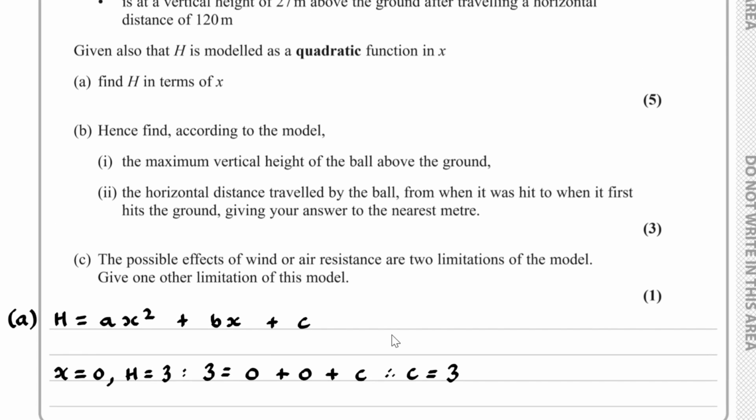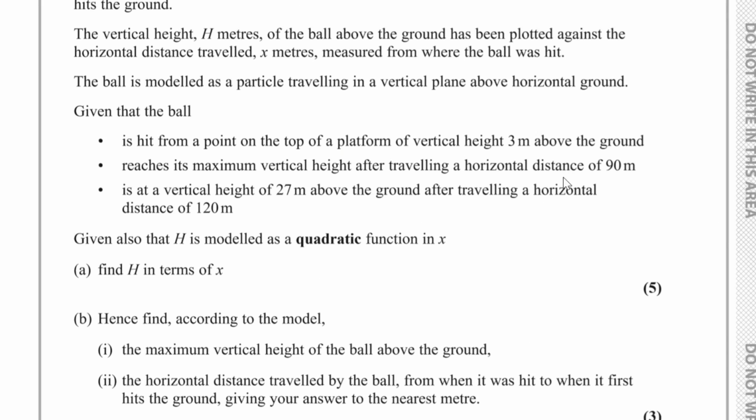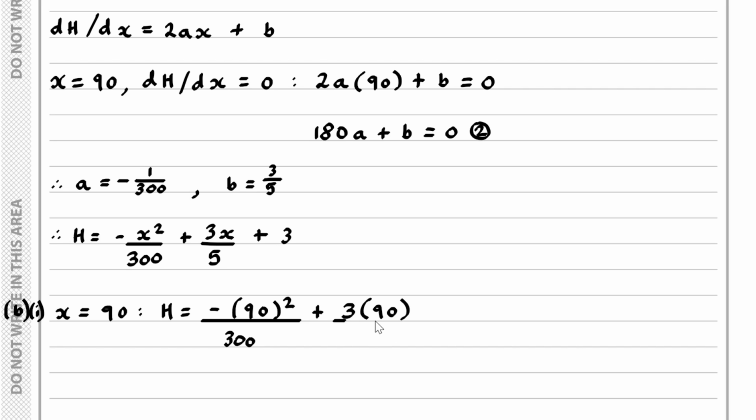Now for the first part of part B, we now have to find the maximum vertical height of the ball above the ground. Well, we know that the maximum height occurs when x is equal to 90. So, when x is equal to 90, h is equal to minus 90 squared over 300 plus 3 lots of 90 over 5 plus 3.